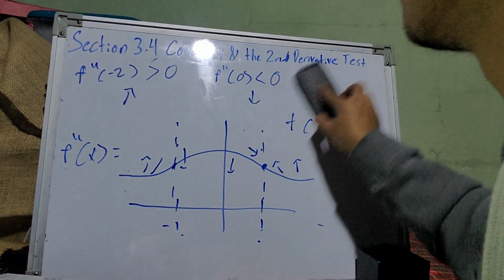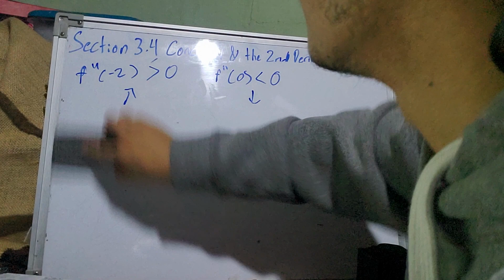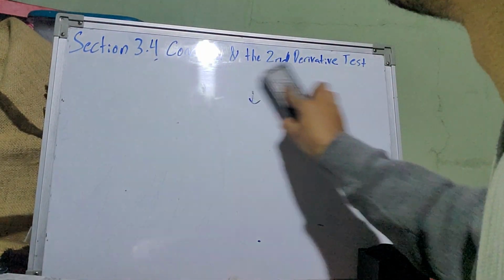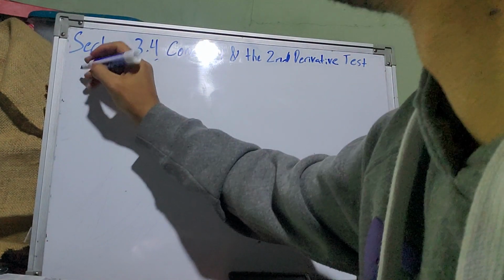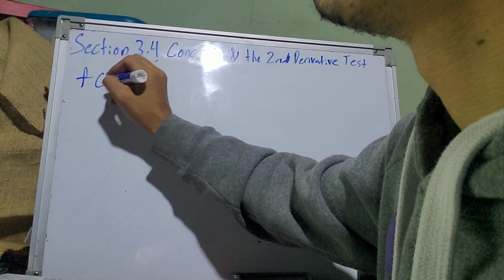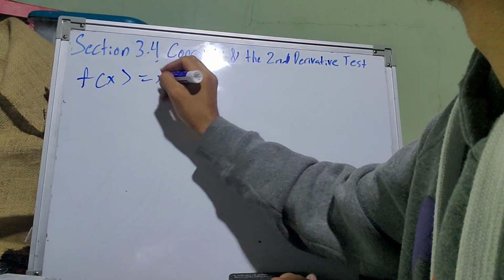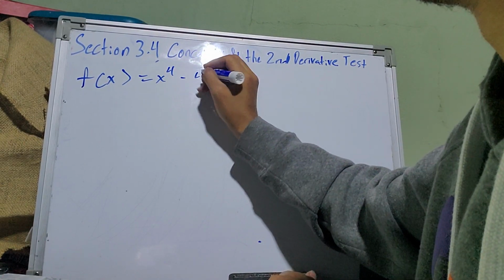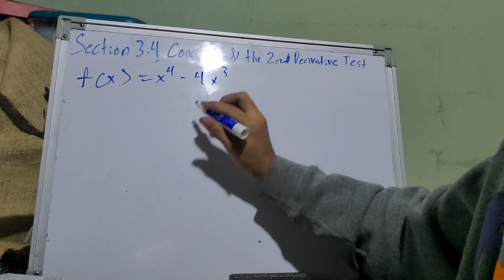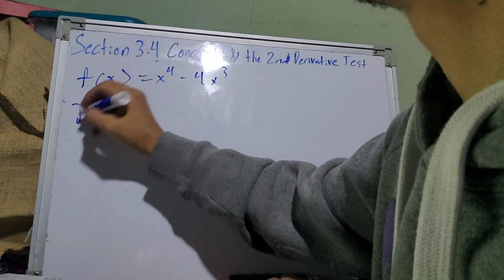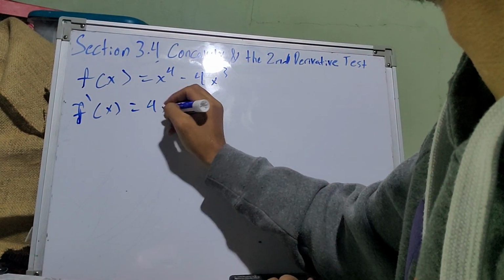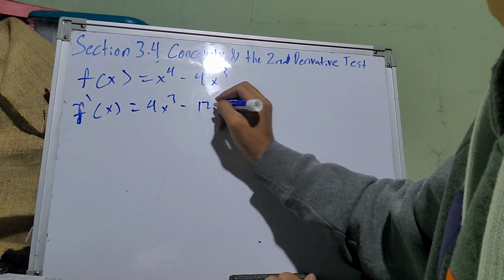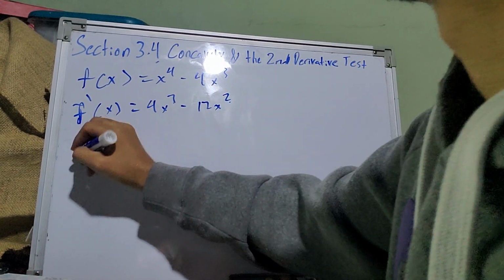Another example presented in the slides will provide us with a simpler function. f of x is equal to x to the power of 4 minus 4x cubed. First derivative we will find is 4x cubed minus 12x squared.